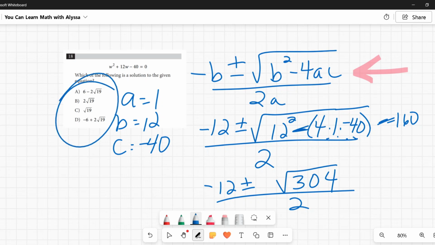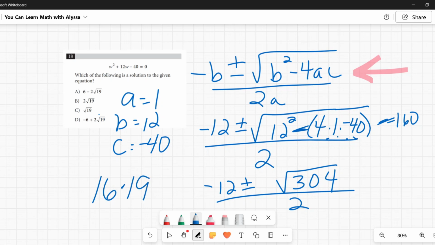We have a huge clue over here in our answers. Every single one of them has square root of 19 in it. So I'm going to divide 304 by 19 and see what I get, because something's going to factor out of this. And sure enough, when I do that, I find out that 304 is equal to 16 times 19.